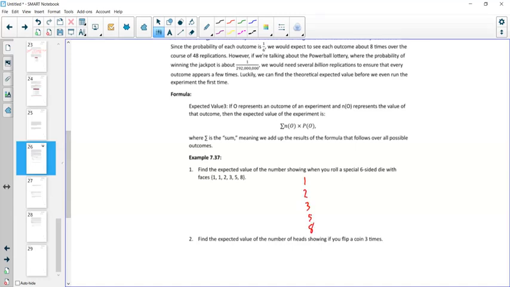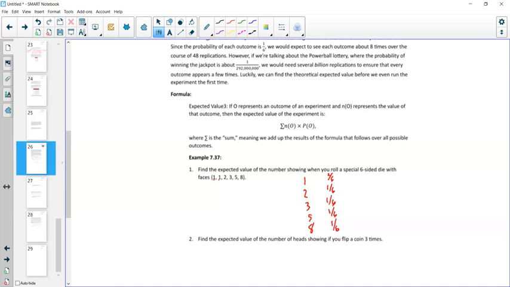So these are all our outcomes. So how many times would we get the 1? It's in here 2 times. So the probability of that would be 2/6. The probability of the 2 would be 1/6. Same with the 3, same with the 5, and same with the 8.